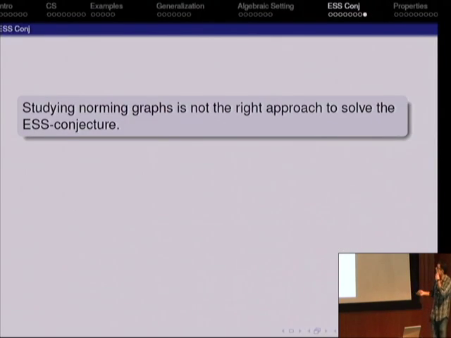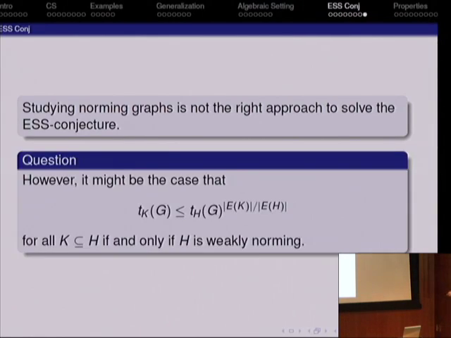Of course, studying norming graphs is not the right way to try to prove the ESS conjecture, because as we already know, there are many graphs for which the conjecture holds and they are not norming. But it might be a good way to study the following question: for which graphs H does this density dominate the densities of all subgraphs K of it?